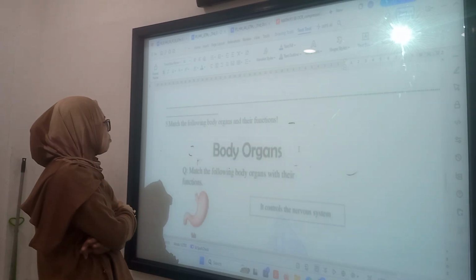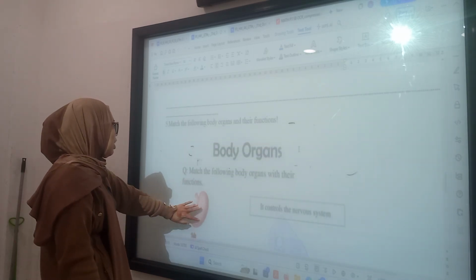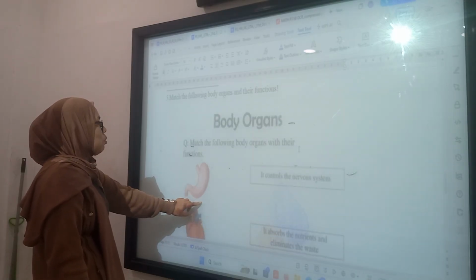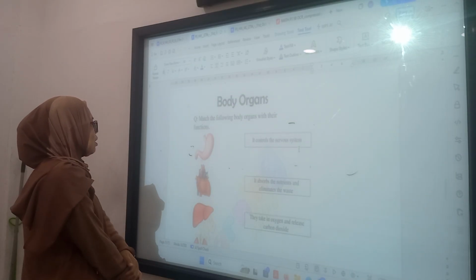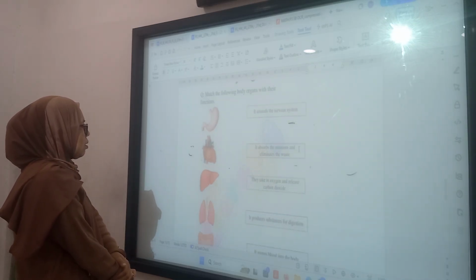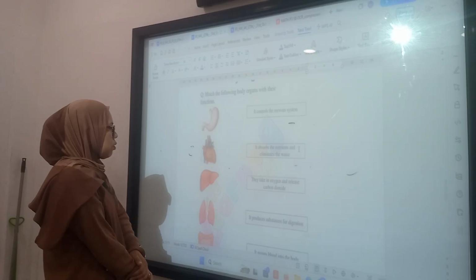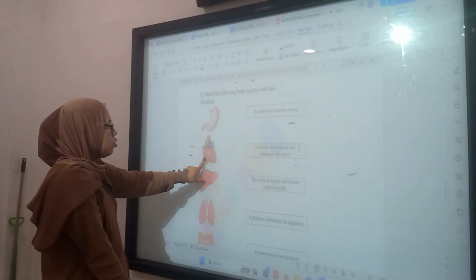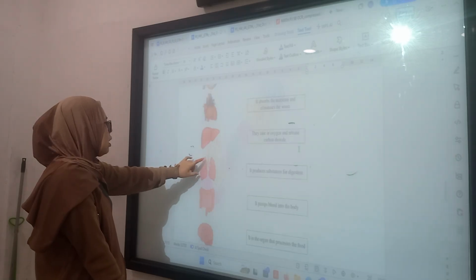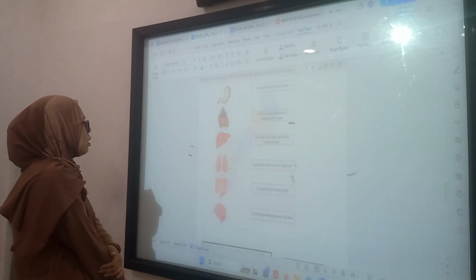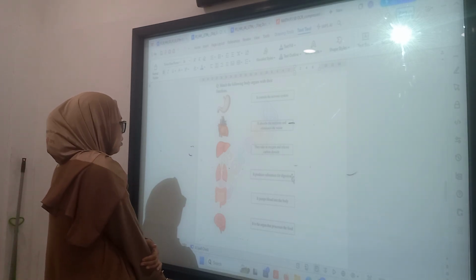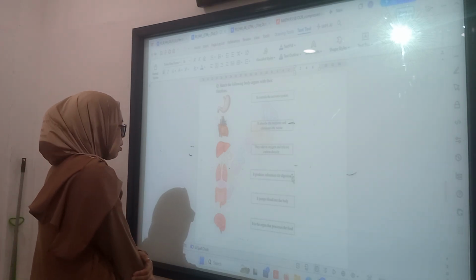Okay, match the body organs and their functions. Okay, stomach to produce substance for digestion, and then heart is to pump blood into the body, and then we have this, what is it?